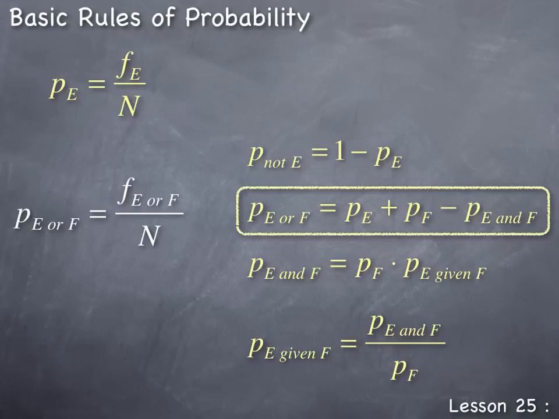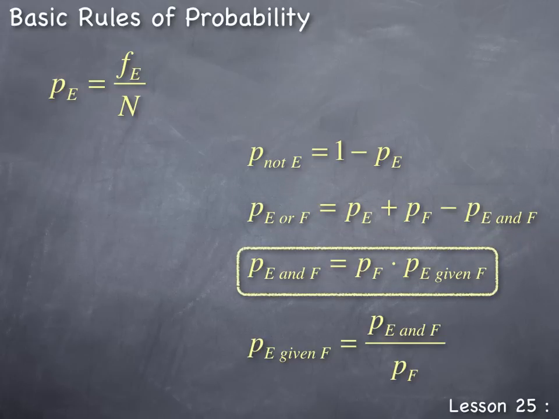Or we can use the basic rule of the probability of E or F, which says that it's the probability of E plus the probability of F, subtract the probability of E and F. That is, in order for the events one or the other to occur, we just count any one or the other. Thus, we add the probability of E and the probability of F. But we don't want to count any event more than once. So that's where the subtract the probability of both E and F occur happens in the rule so that we don't count anything twice.